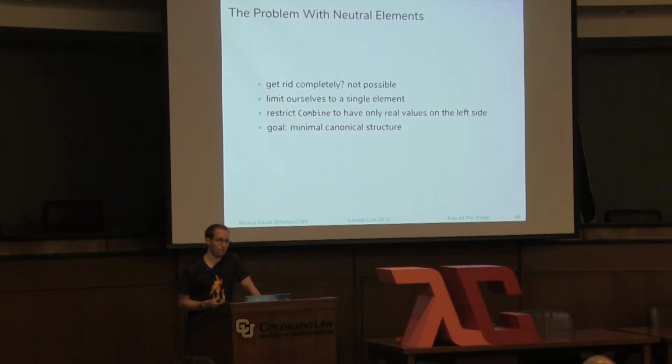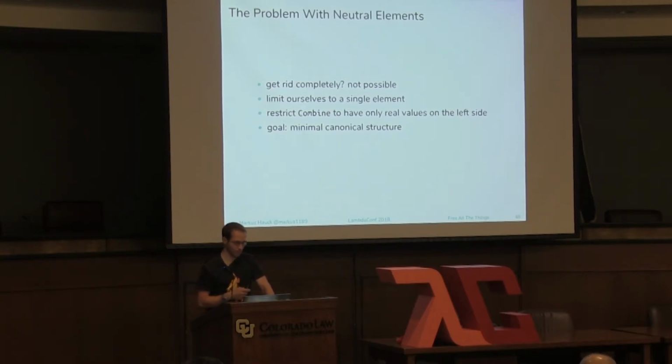OK, so we still have to take care of the identity laws. And so we have to take care of the problem with the neutral element. And the question is, can we get rid completely of the neutral element? Well, no, we can't, because there are still expressions like, for example, only the empty case where we have to carry this around. So instead, we can limit ourselves to have only a single empty element in our structure.